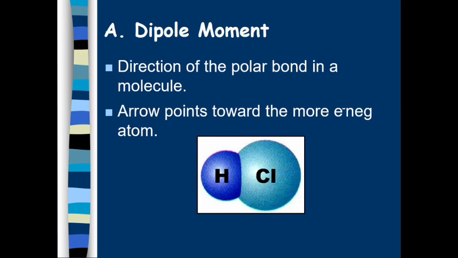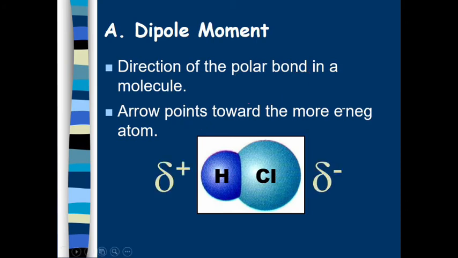We use the symbols for the partial positive and the partial negative. And the symbol that we're going to use for a dipole looks just like this, and the arrow points towards your more electronegative atom.